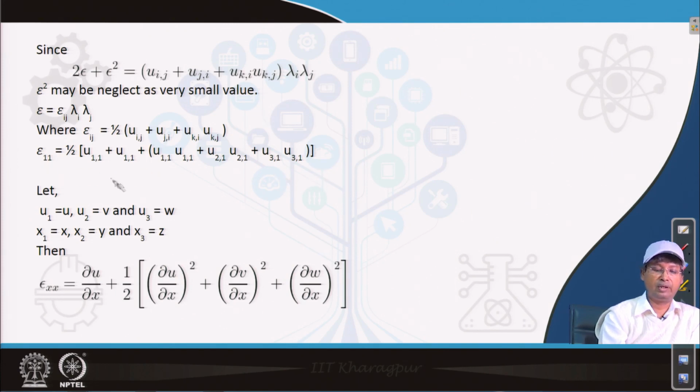In this example, i and j are considered as 1. So, what happens? Half remains outside as half. This is 1 comma 1, that means del u 1 del x i.